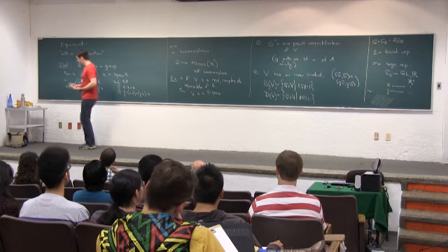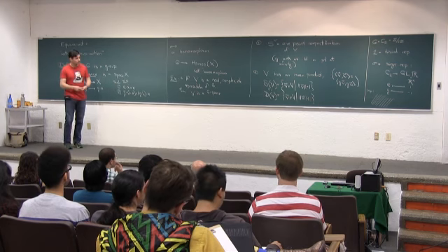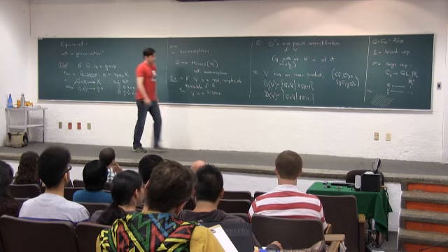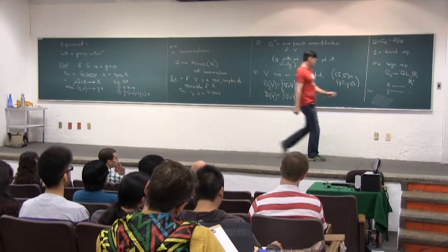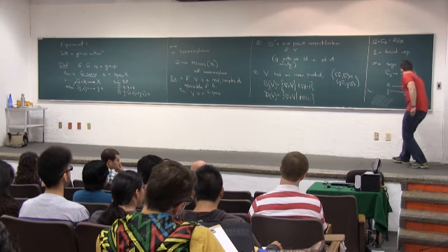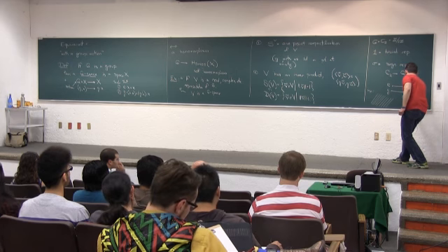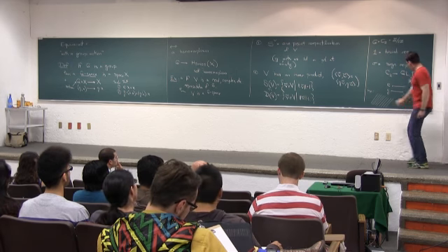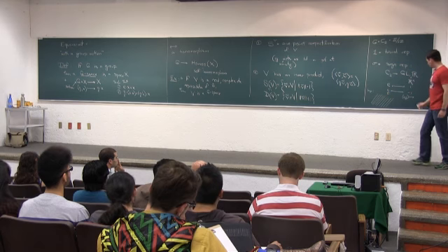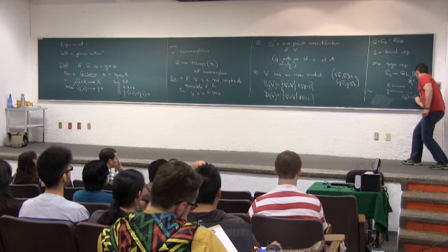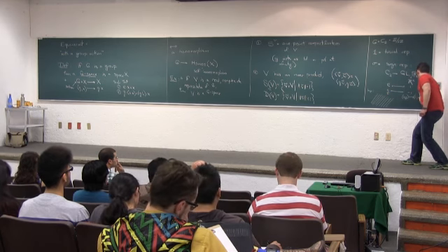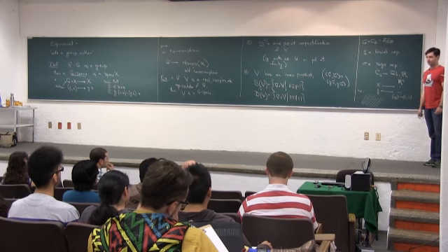Namely, I want to show how the group is acting. And so I have to decide, when I'm looking at a pair of real numbers, x, y, the non-trivial element in the group sends this pair to x, minus y.